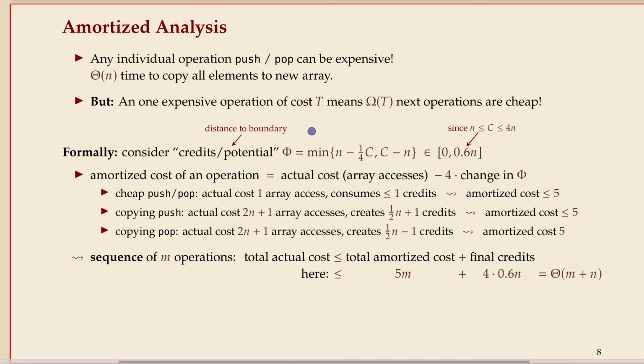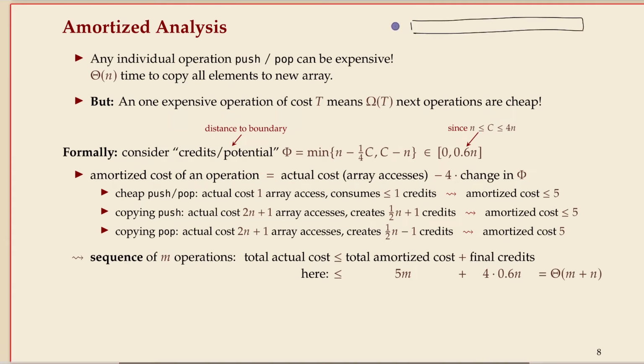What this means is, maybe use more space. This is our array S, which has capacity C. And it's filled up to some point n. That's currently filled with elements in our stack.